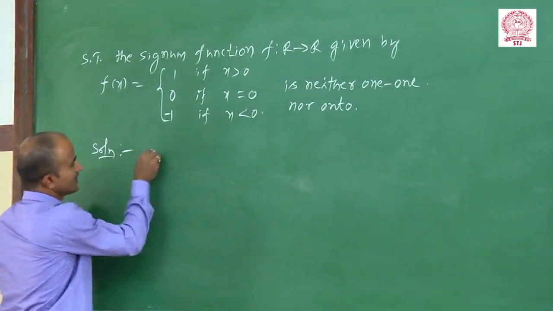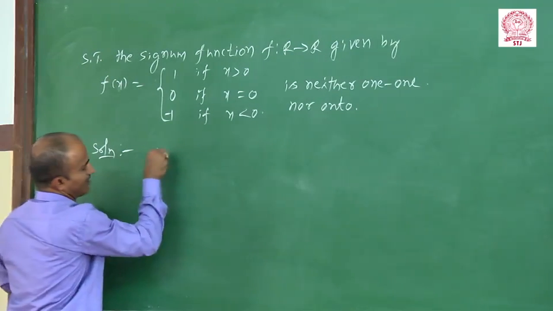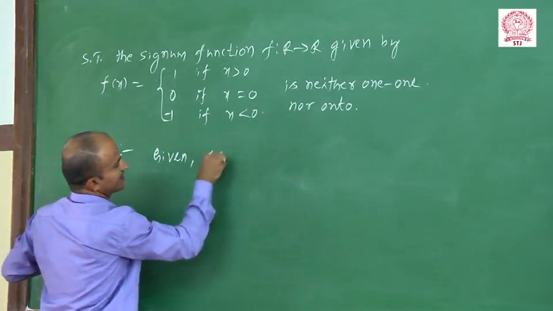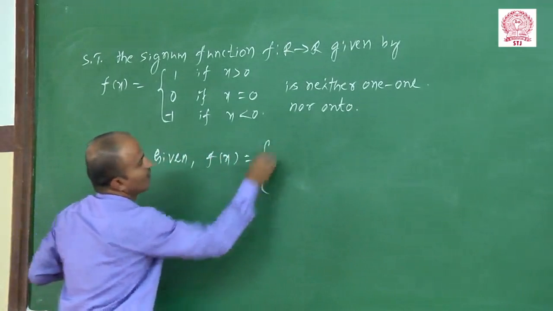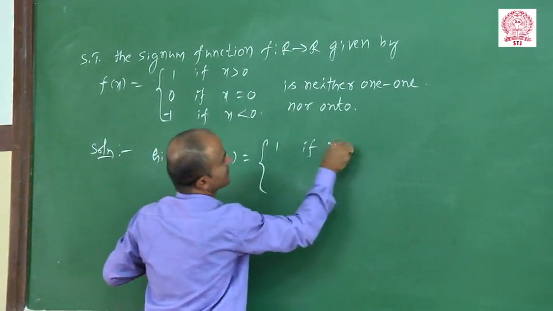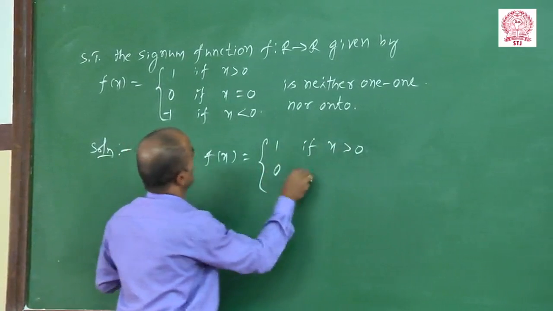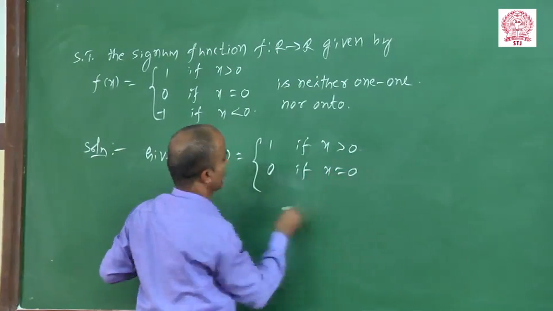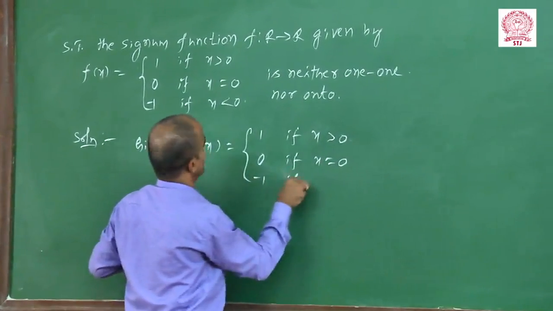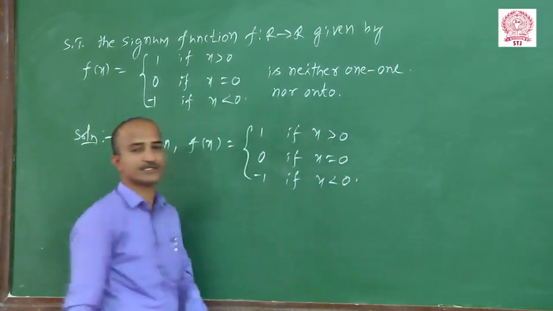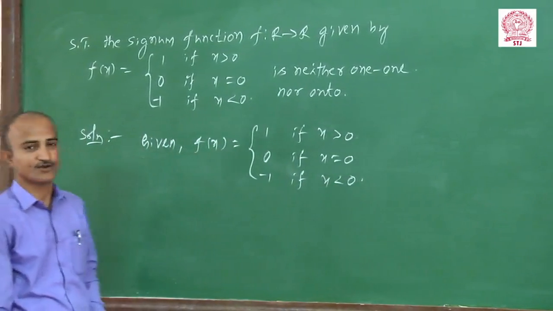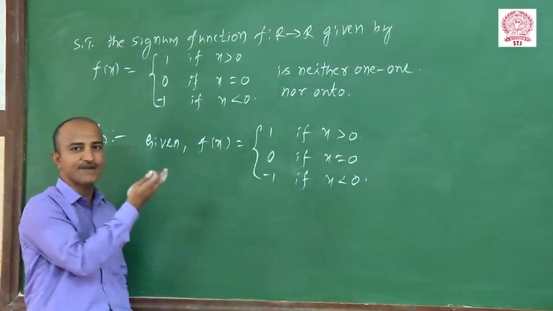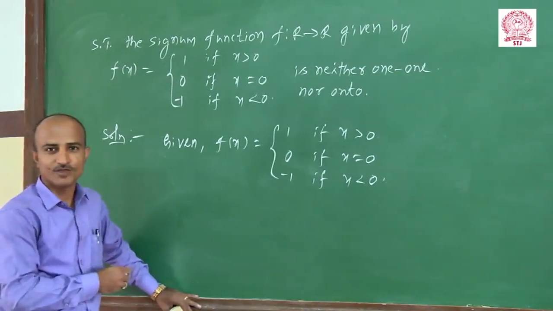So now consider the given function. Given f of x is 1 when x is greater than 0, 0 when x is 0, minus 1 when x is less than 0. So you also learned the graph of these functions in first PU.